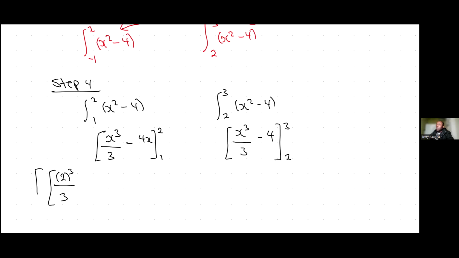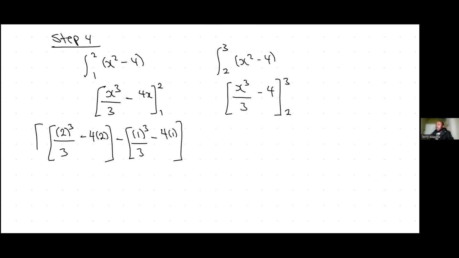Minus, when you substitute 1, it's going to give us 1 cubed divided by 3 minus 4, 1. And you get an answer. When you press your calculator for this, the answer you will get is -9. And like I said, you can't have negative. So therefore, the area for that curve will be equal to what? 9. All right, 9 units squared.